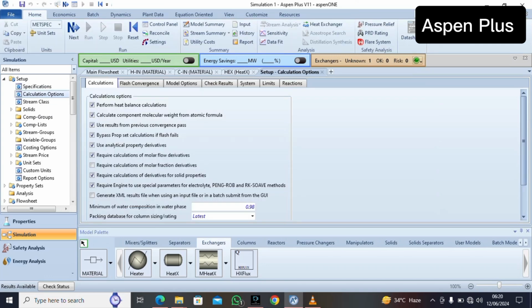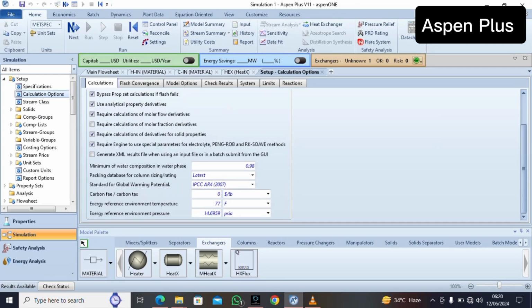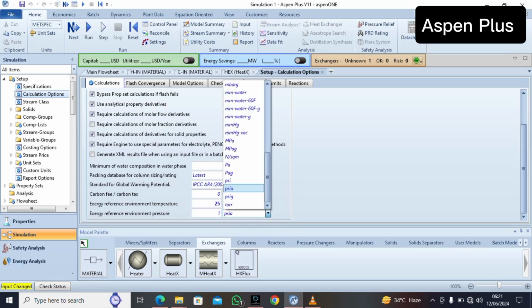Here you should specify the exergy reference environment temperature and exergy reference environment pressure. Here we have temperature 25 degrees Celsius and pressure 1 atm.